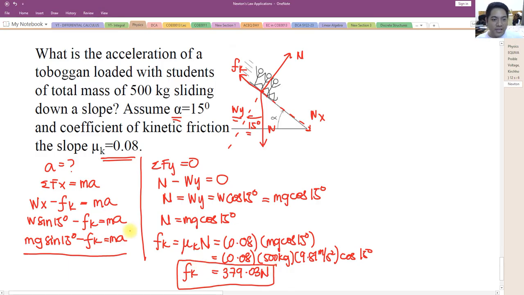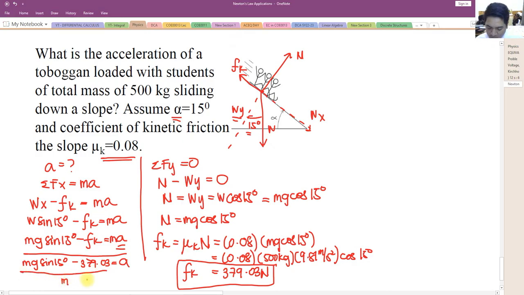What is being asked is the acceleration. So from what we got a while ago, we can rewrite it as mg sine 15 degrees minus 379.03 equals ma.